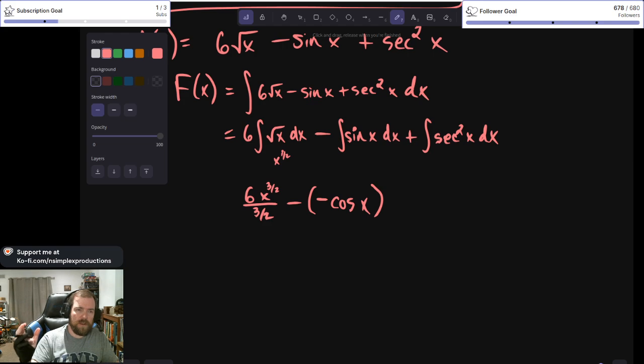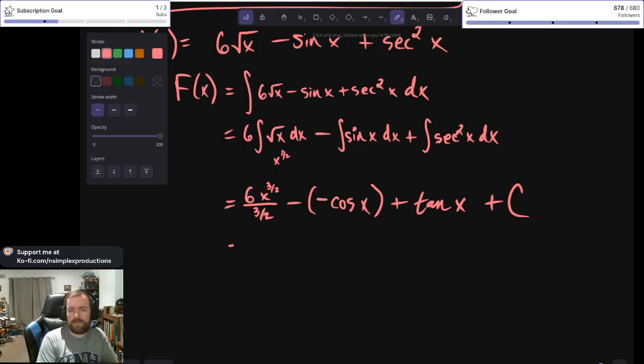The antiderivative of a negative sine is going to be a positive cosine. That's what we've got here. Plus, what is the antiderivative of the secant squared of x dx? Well, this is tangent of x. And then again, plus c encompasses all of the constants that would have come from all of these other terms.